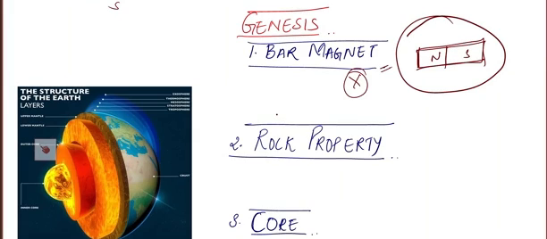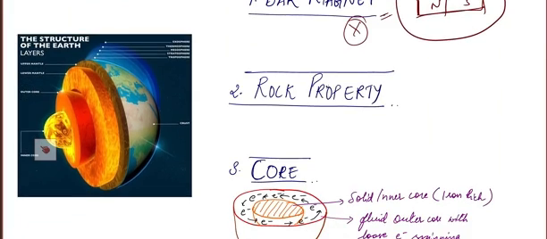Then the second postulation made by scientists is the rock property. If you consider this earth surface, and this is the rock present on the earth, this rock contains magnetic property, according to the scientists.